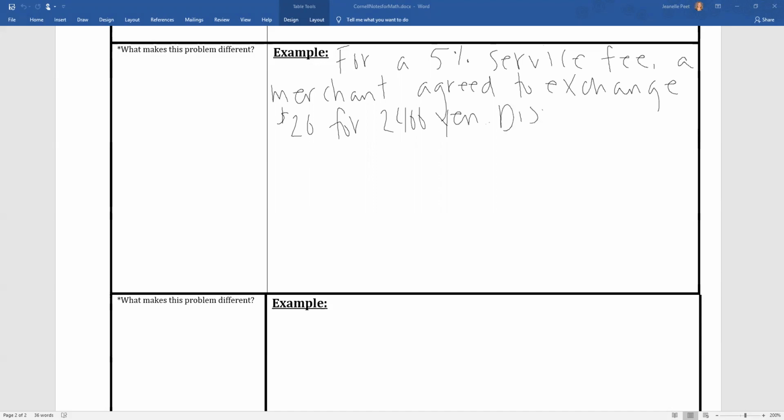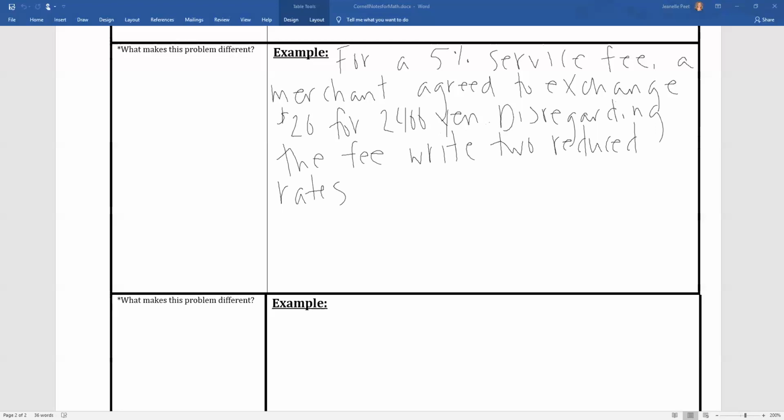Disregarding the fee. Oh, they're trying to confuse you. Disregarding the fee, write 2 reduced rates for the exchange.